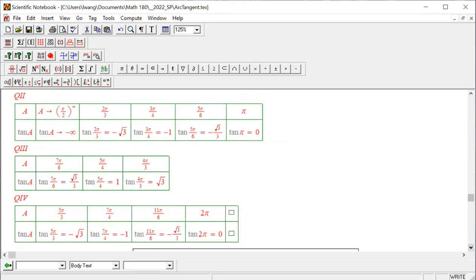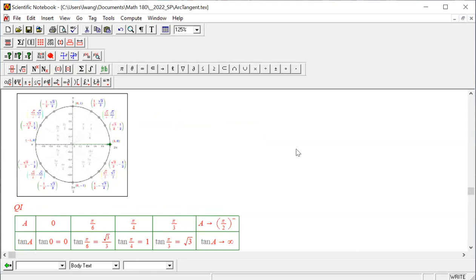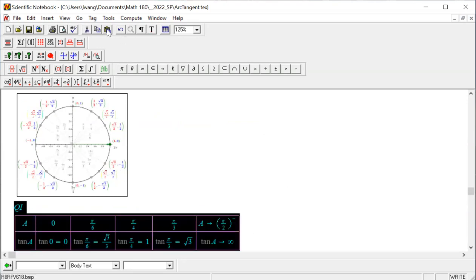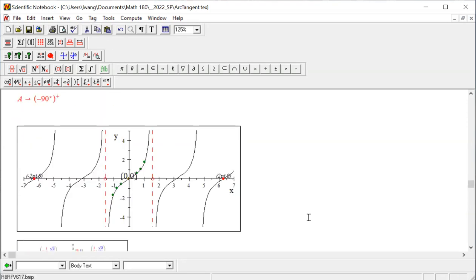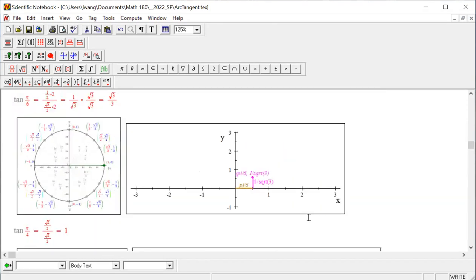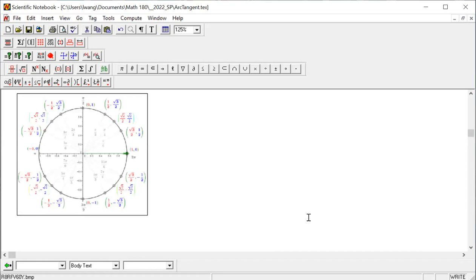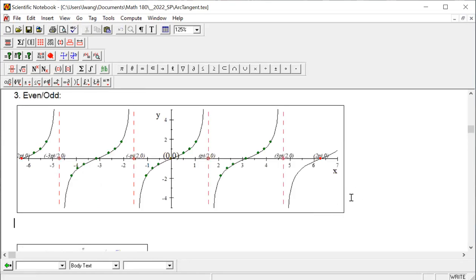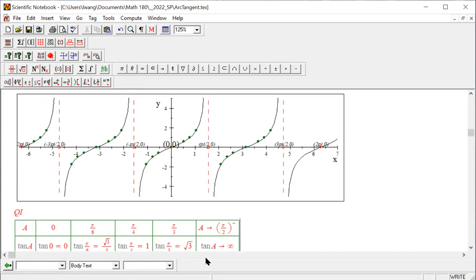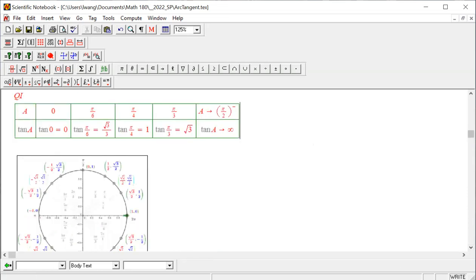So we've done these from quadrant 1. For quadrant 1, what have we seen? We have too many examples of this sort. And let's look at another quadrant.